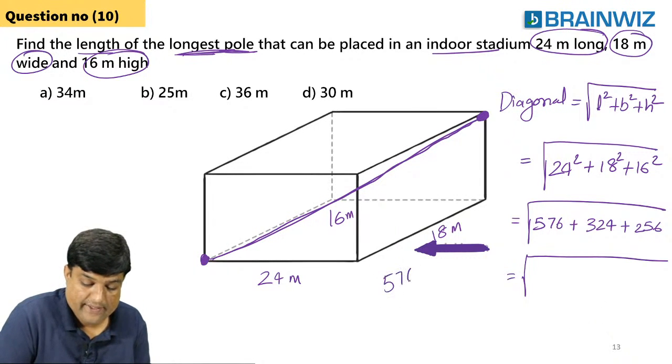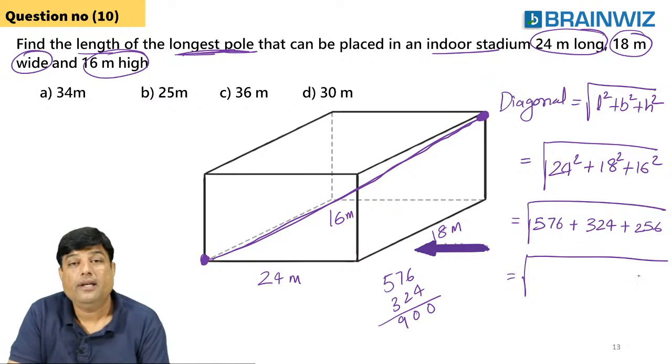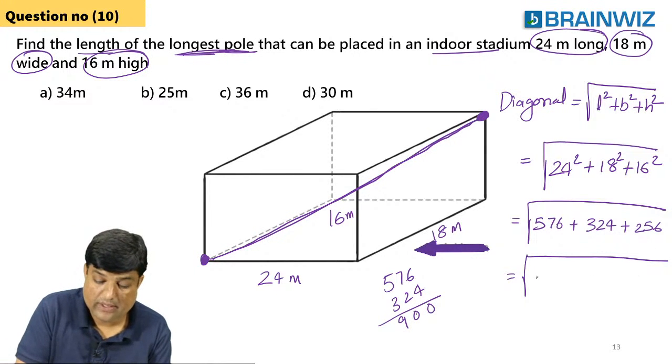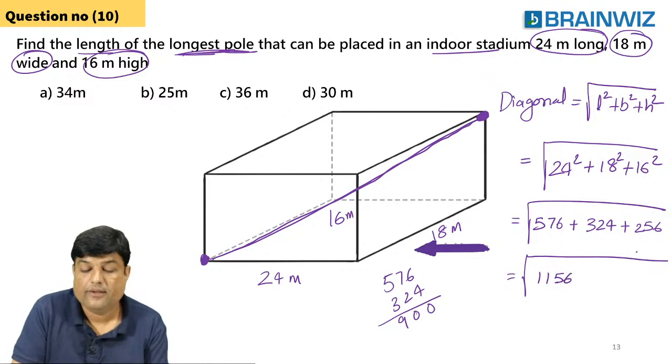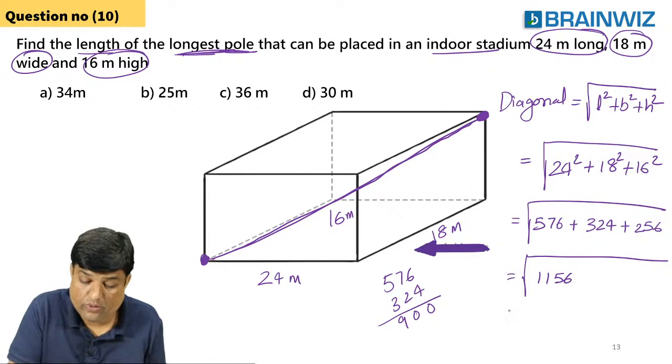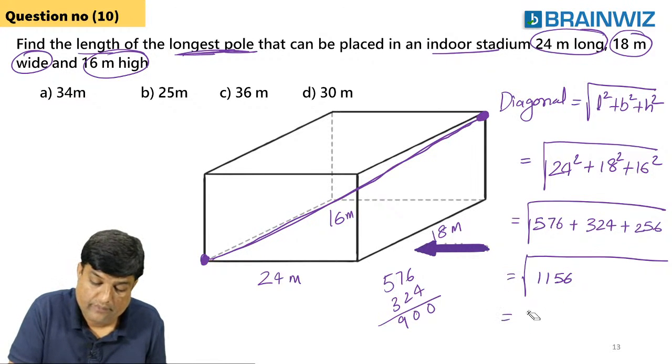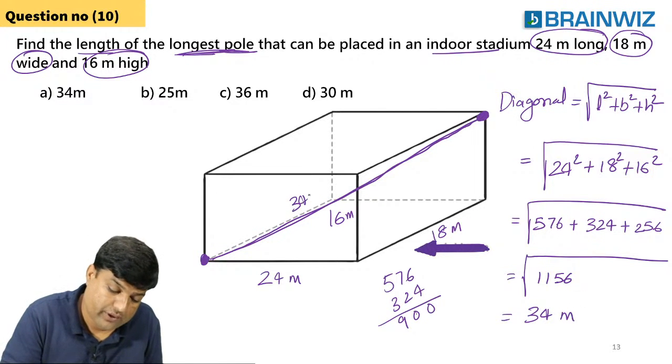Yes, 576 along with 324, I think this is 900. 900 plus 256 is what? 1156. So 1156 is a perfect square of what? 34. So the pole should be 34 meters long.